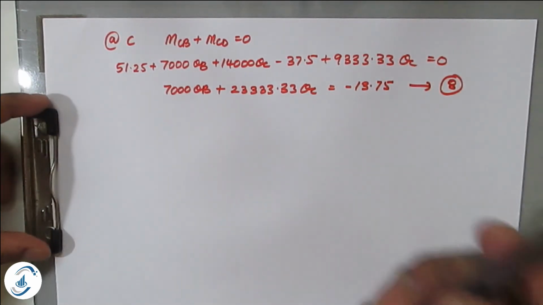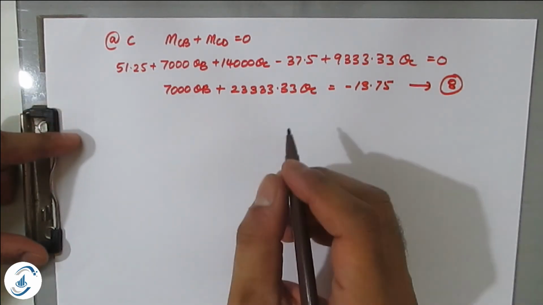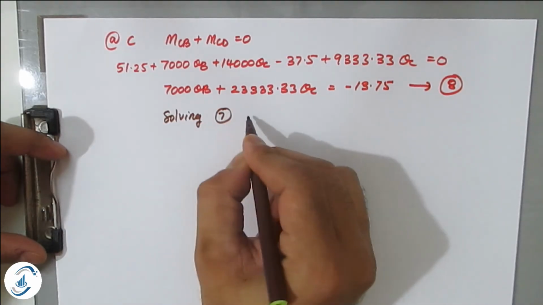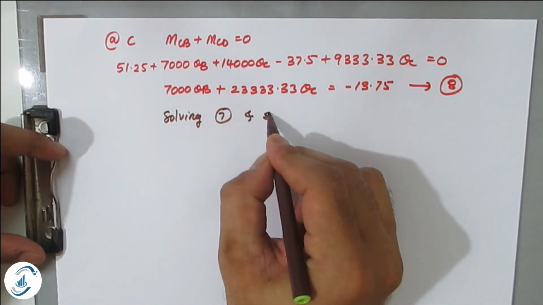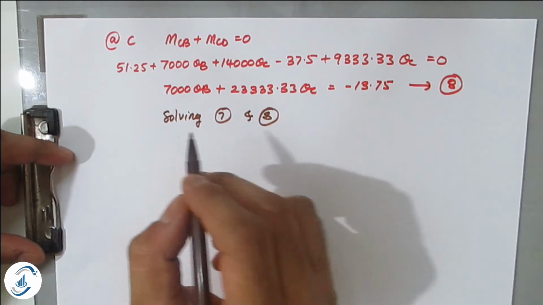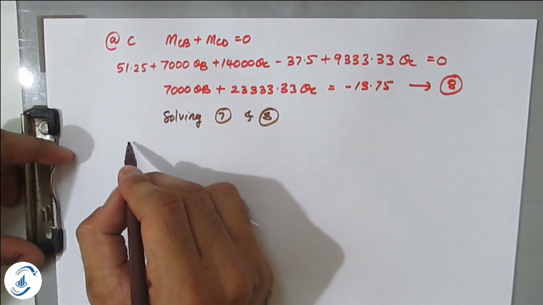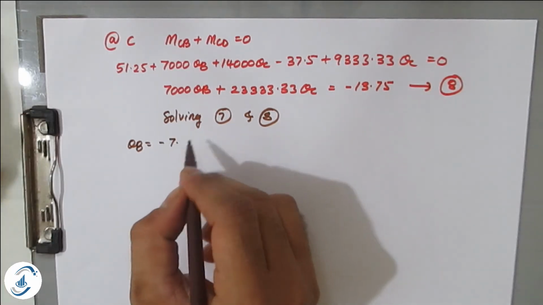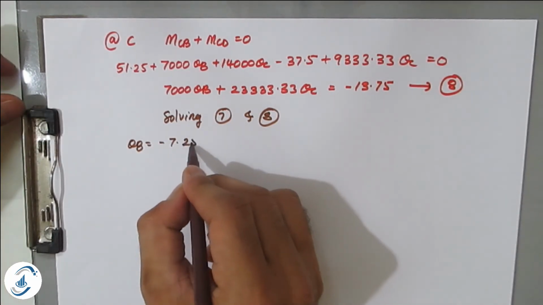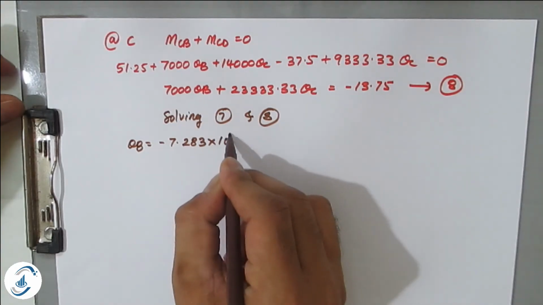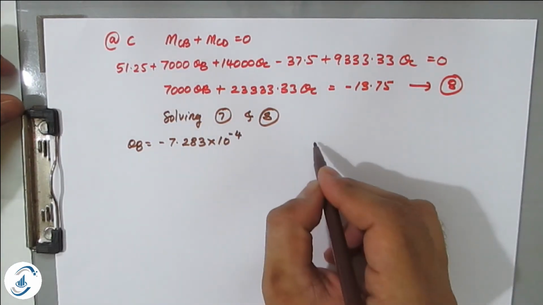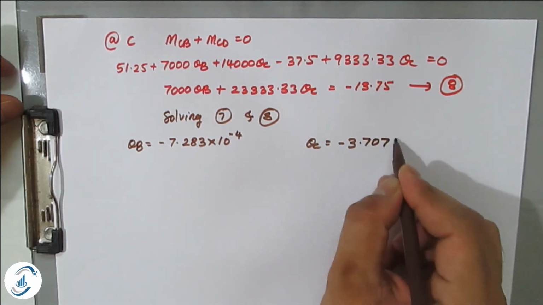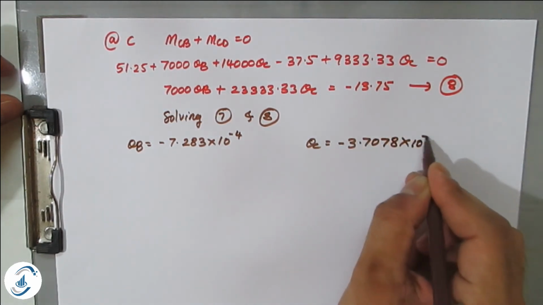So once you get equations 7 and 8, you will be solving them. So once you solve this in your calculators, you will get the theta B value, and that comes out to be minus 7.283 into 10 raised to minus 4, and theta C will be minus 3.7078 into 10 raised to minus 4.